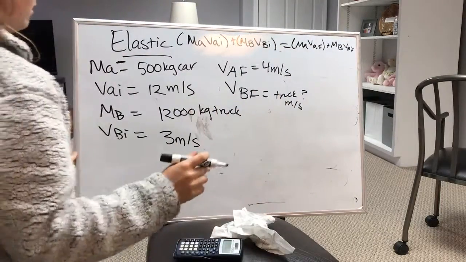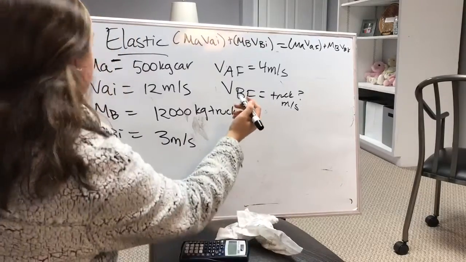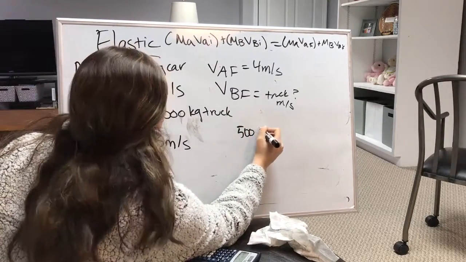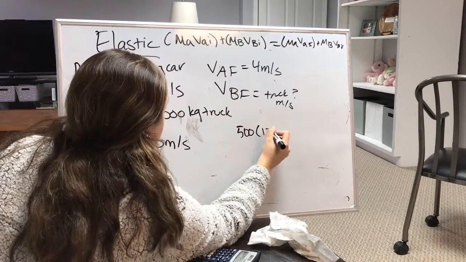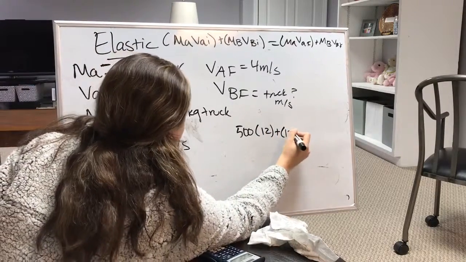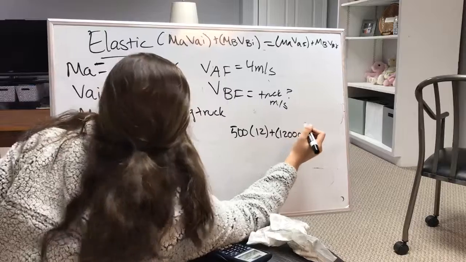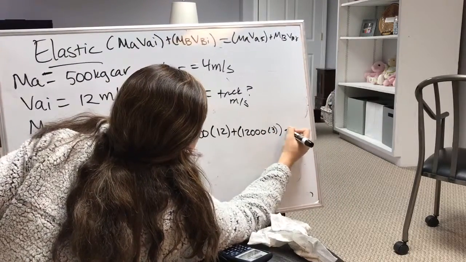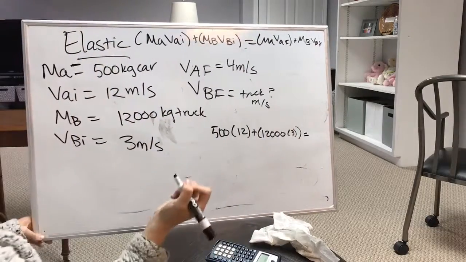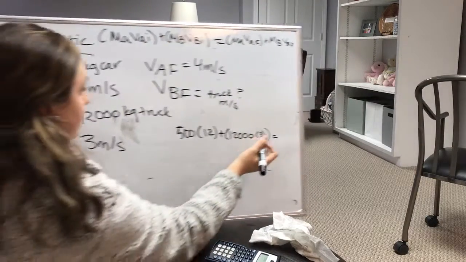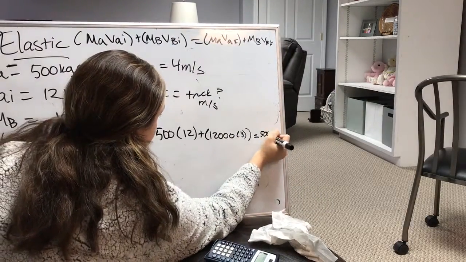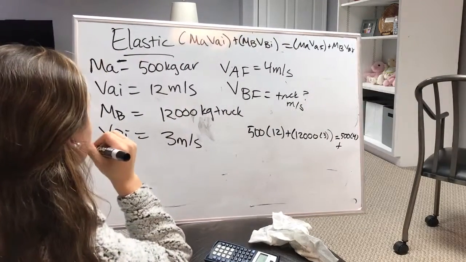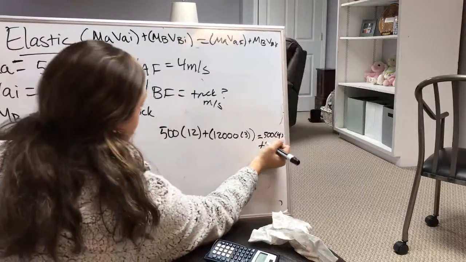So, in order to solve this, we have 500 kilograms times 12 plus 12,000 kilograms times 3 equal to 500 times 4 plus 12,000 times x.